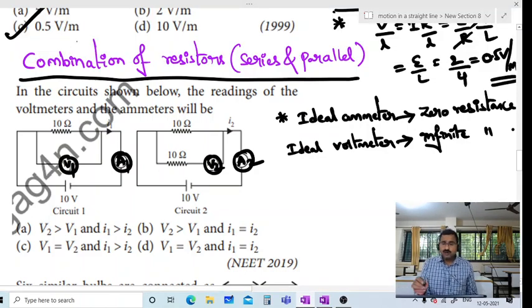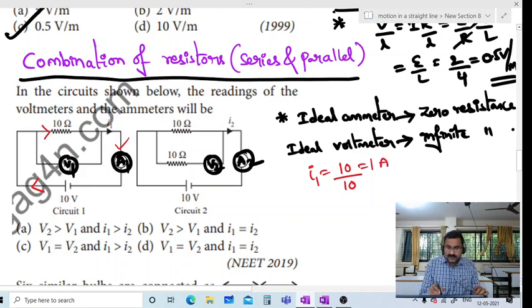So now, a very important point: first we calculate the current here. See that one, the current will go here. It is an infinite resistance, so it doesn't allow current; the current will flow like this and come back like this. So in the first case, I1 is equal to the EMF of the battery, 10, divided by 10, that is 1 ampere.